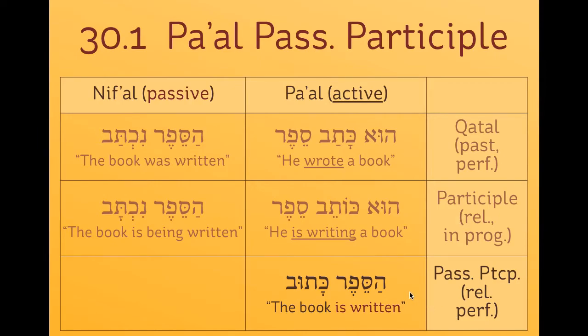So again, the context is the current time of me speaking, and if I say hasefer katuv, that means the book is written. So at this point in time, the book is written. It's finished. Who knows how long ago it was written? The only thing that matters is that currently the book is written and it's complete. I can give it to you. All right, so that is the Paul passive participle.